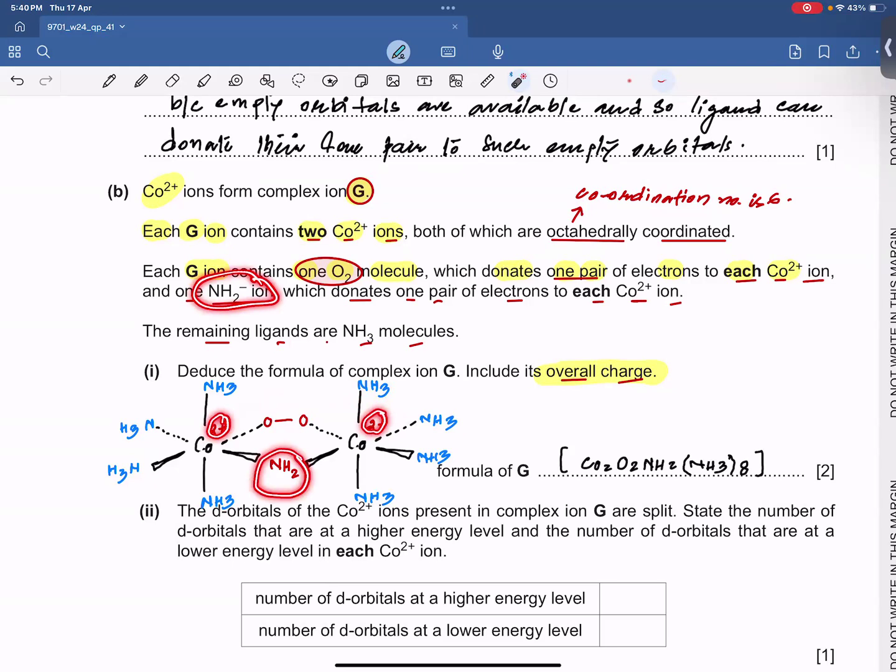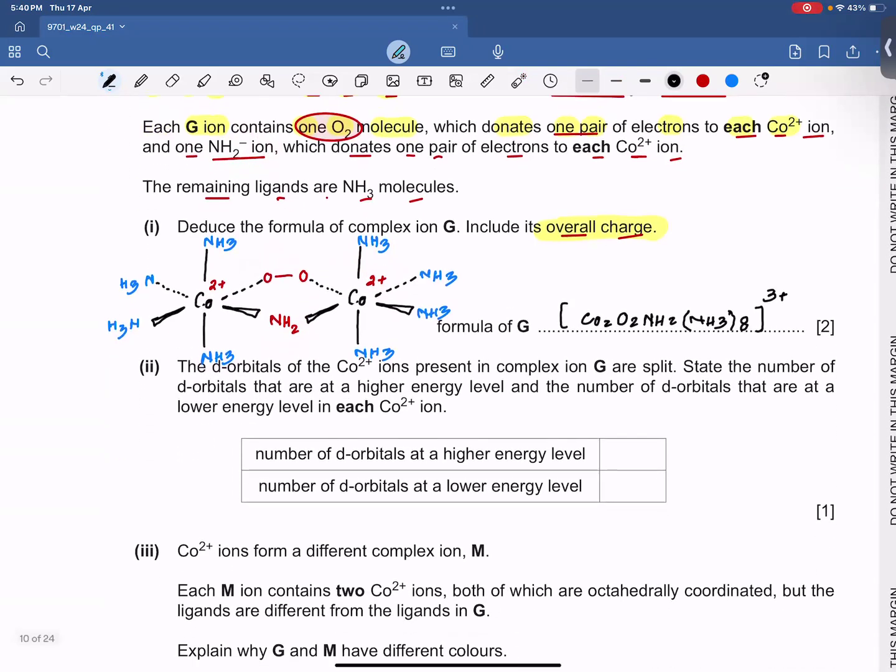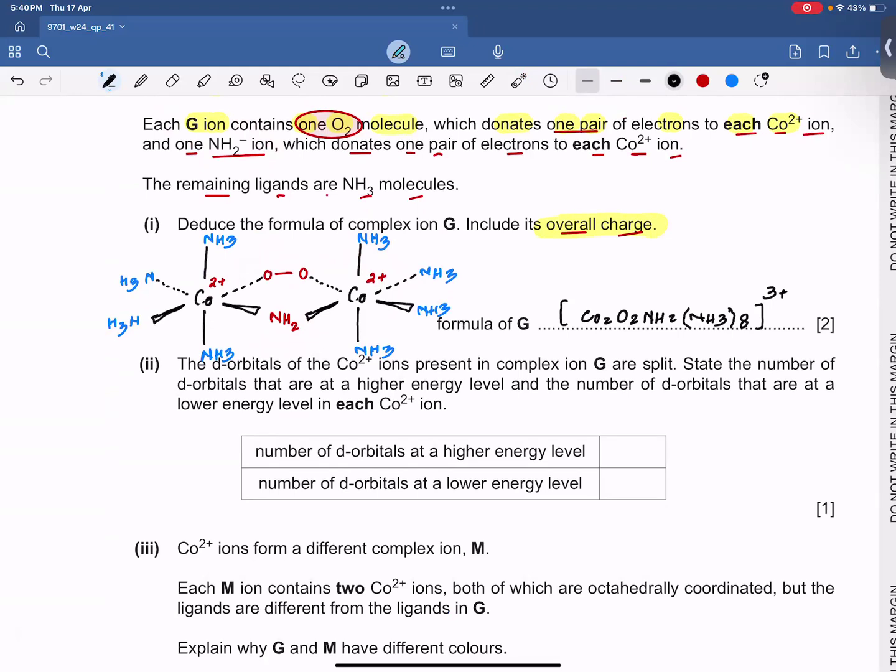So 4+ and -1 becomes +3, the charge is going to be +3. Okay. That's my assessment for this structure because that's the only possibility I can think of. Okay.